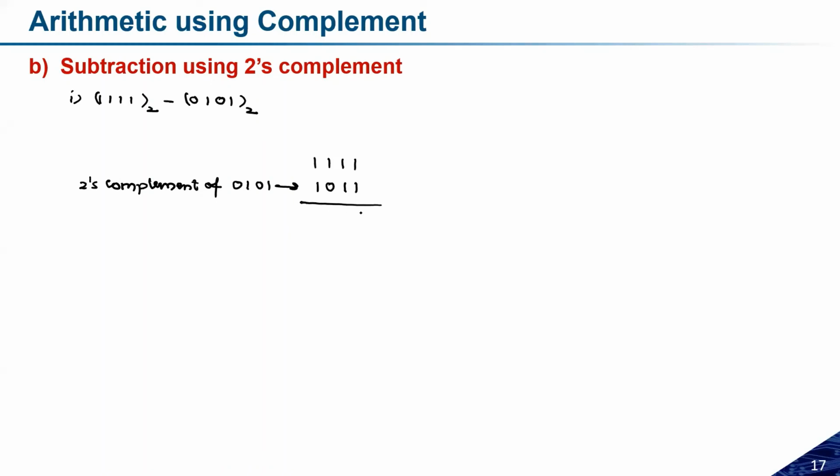After adding this, 1 plus 1 will become 0, then the carry will be forwarded. 1 plus 1 plus 1 will become 1 with one more carry. Then 1 plus 1 will give you 0 and then carry 1, then 1 plus 1, and then 1 carry will be generated.